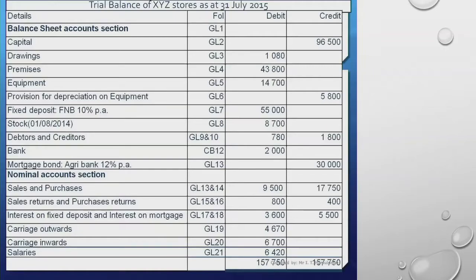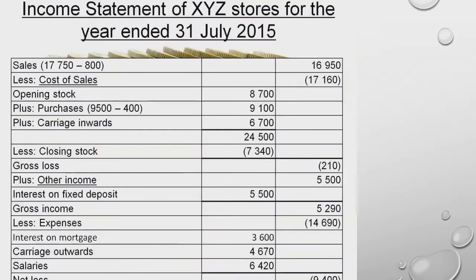Just take a look quickly. Capital is on the credit side. This one, provision for depreciation of equipment, creditors we have here. You can already see, okay?